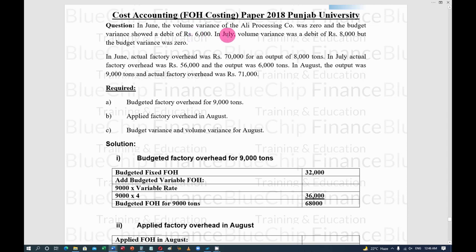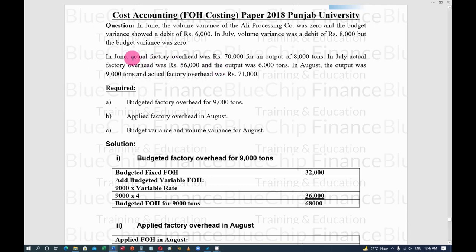So if budget variance is debited for rupees 6,000, then we need to subtract this 6,000 from the budgeted FOH for the month which is June. In July, volume variance was a debit of rupees 8,000, but the budget variance was 0. So for July, we don't need to readjust the budgeted FOH.